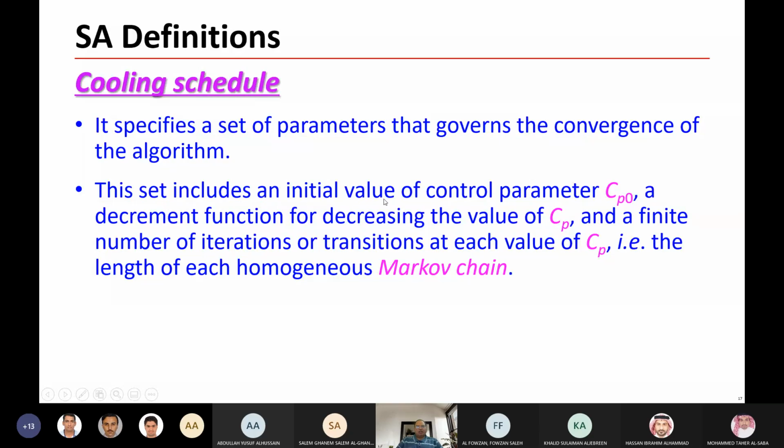This set includes an initial value of the control parameter, which is the value here at the melting point. So this is CB0, and you have CB final here, and you cool it down in steps, with a decrement function for decreasing the value of CB.